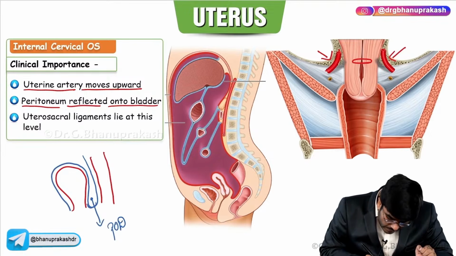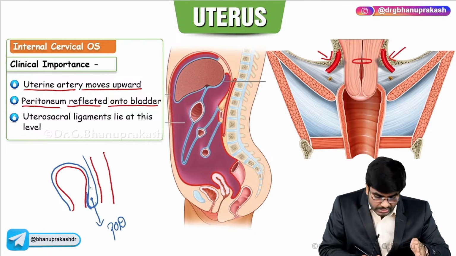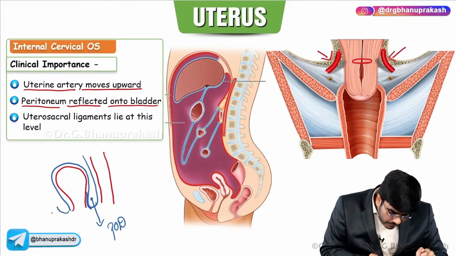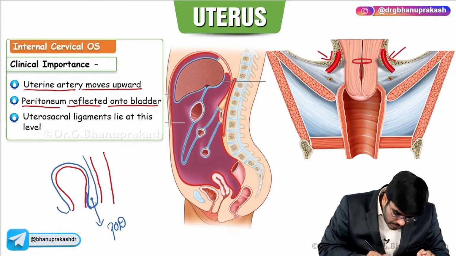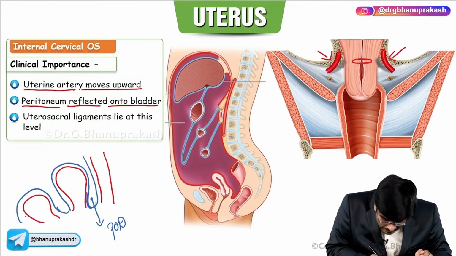From the uterus it gets reflected anteriorly onto the bladder, in this area.